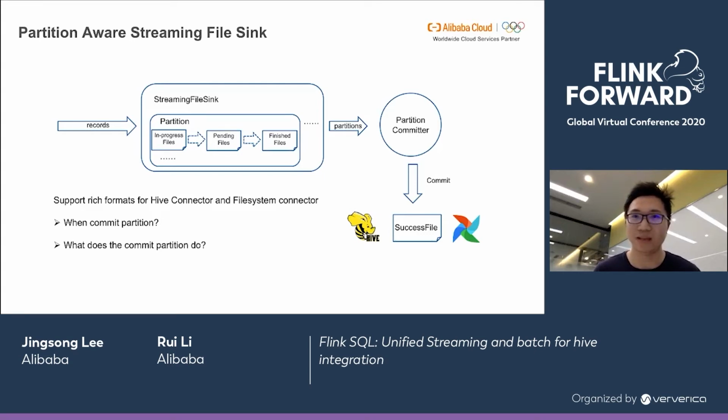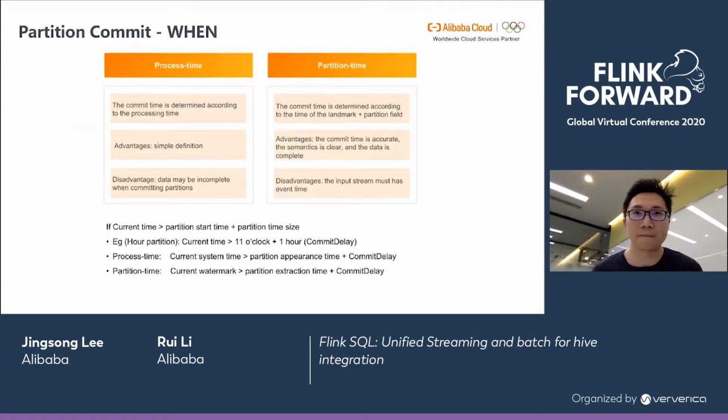Generally speaking, the partition commit completes the writing of data and the meta of the Hive partition store. Two aspects are described in detail below: what does the commit partition do, and when to commit the partition? Because the streaming job is running continuously, when does the partition commit?